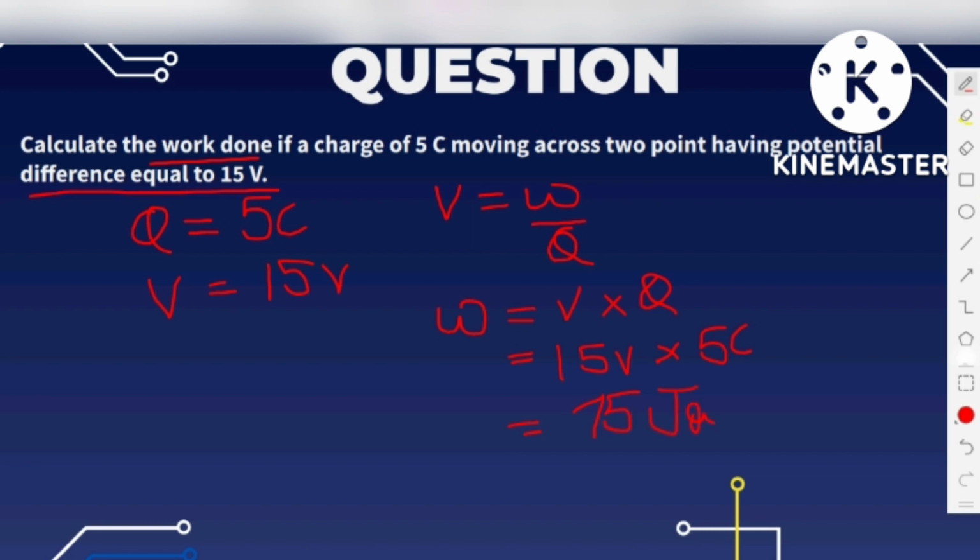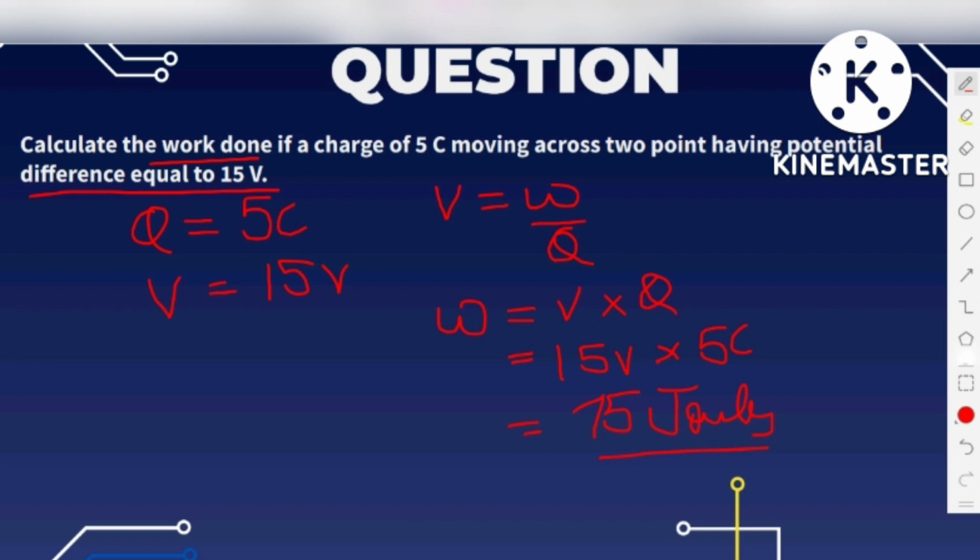Yes, joule is the SI unit of work done, and it is the same SI unit for energy consumed too. So 75 joules of work is done when a charge of 5 coulombs moves across a conductor having a potential difference equal to 15 volts.